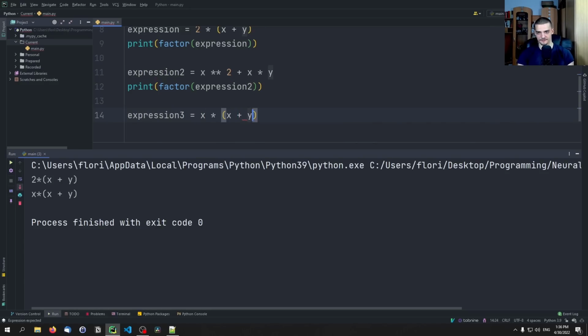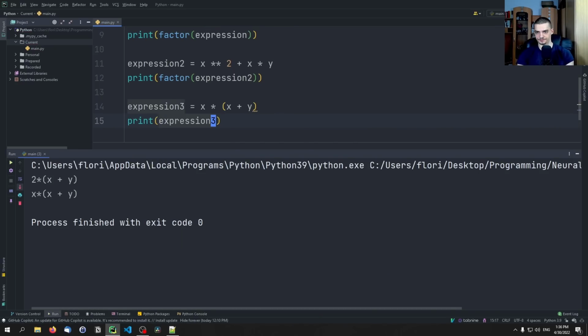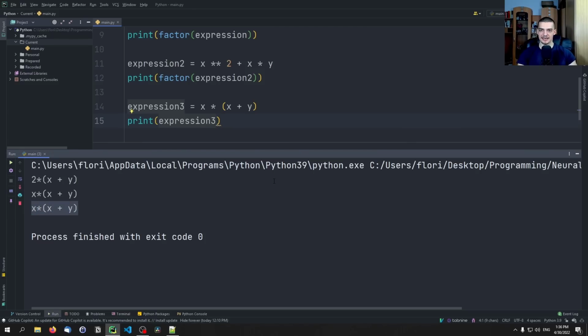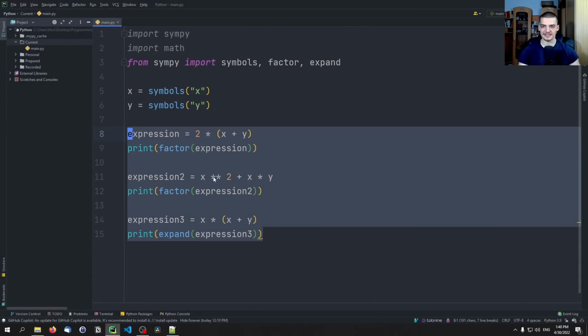I think this by default will not be expanded. I'm not sure about this. Let's see. Yeah, you can see that this now here is not expanded by default. So I can go ahead and say expand, and then you can see that this is going to turn into x squared plus x times y. All right, so these are the very basics of SymPy.